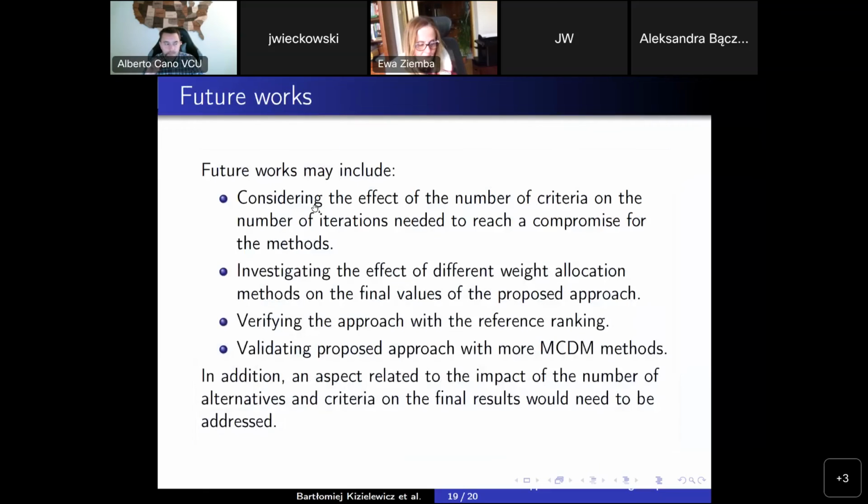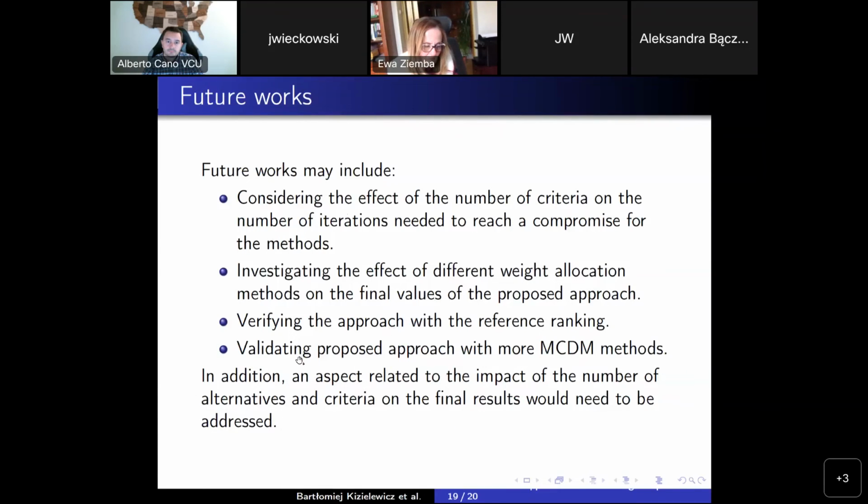And for future works, the compromise solution for a bigger dimensionality of the problem should be addressed, and moreover, different weights allocation between criteria should also be tested to check if it impacts the final outcome.